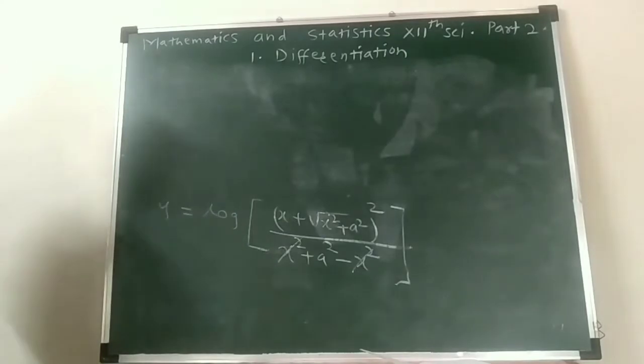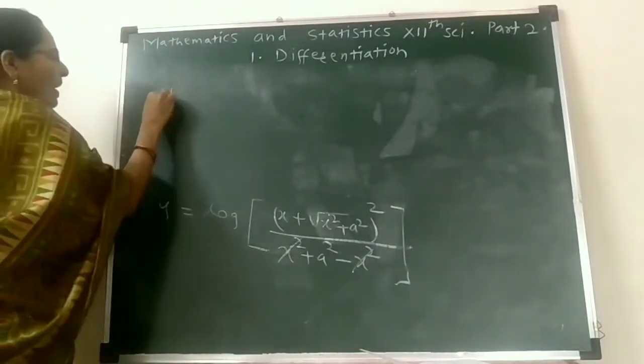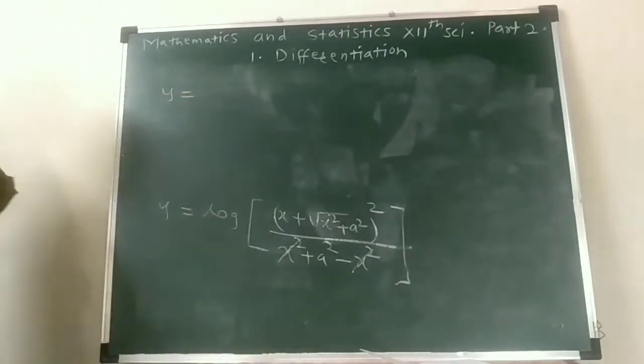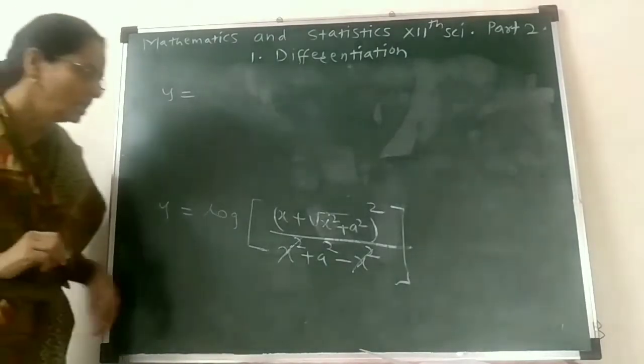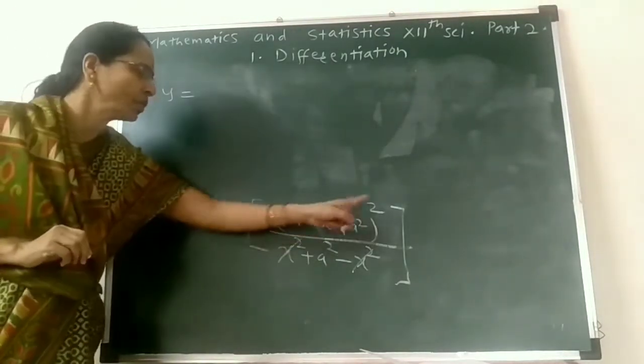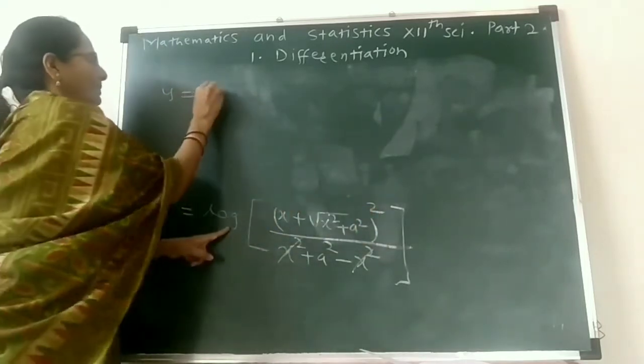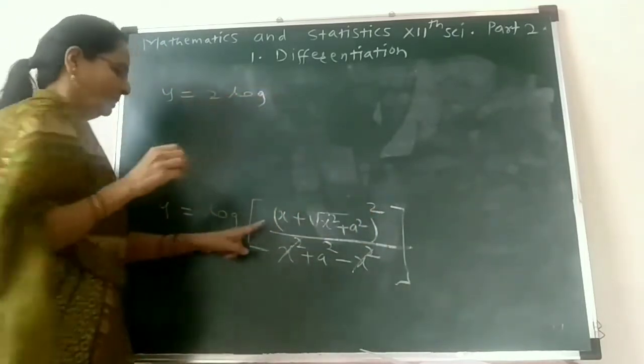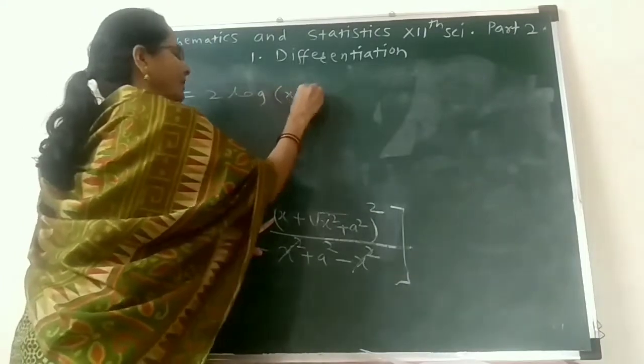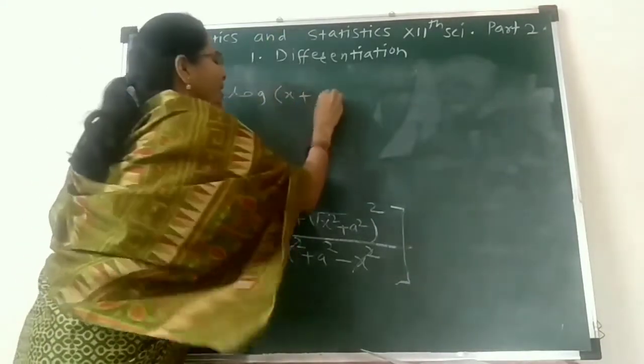So y is equal to, now we use logarithmic rules. Log m raised to n is n log m. So 2 log (x plus root x square plus a square).